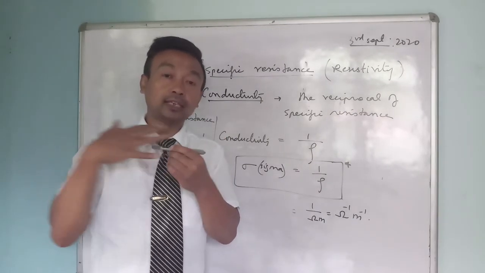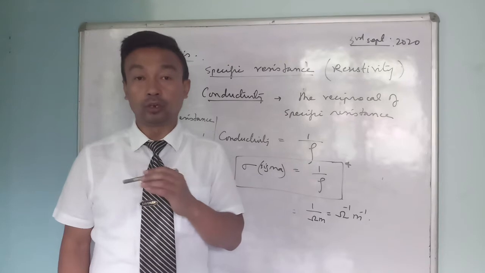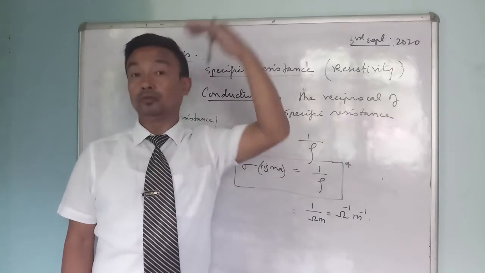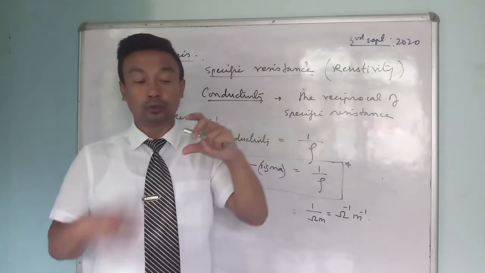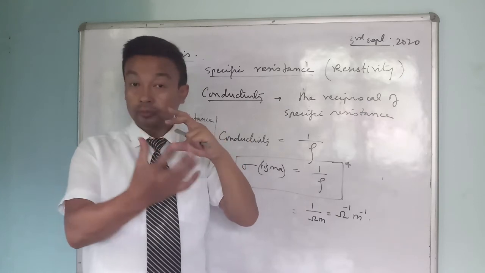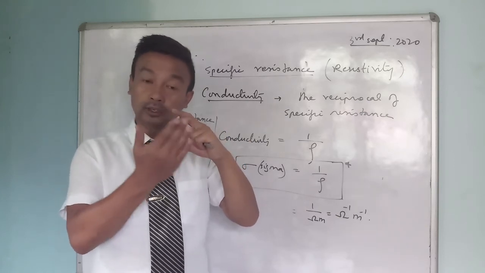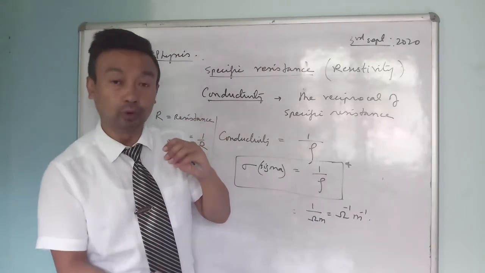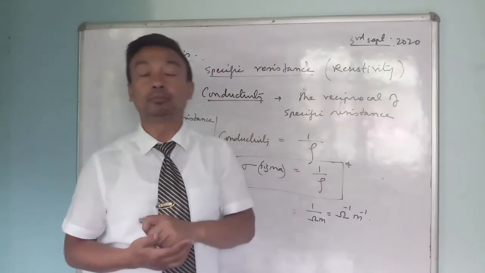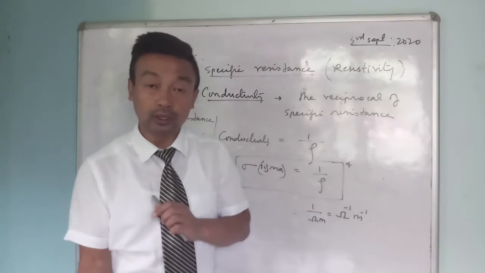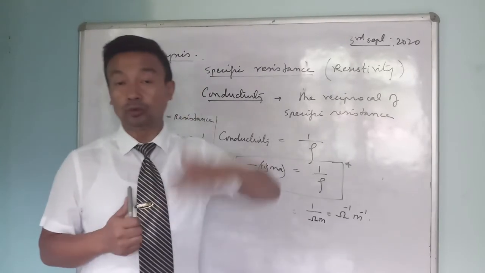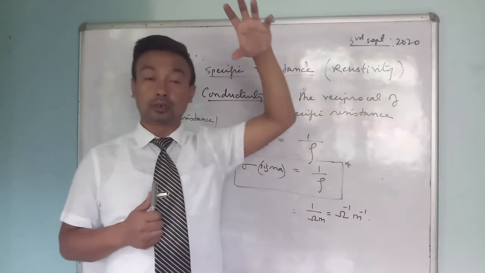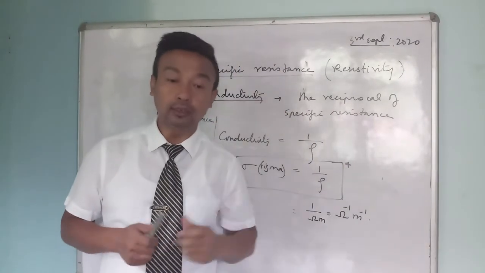Then there will be maximum flow of current, so that is called the superconductor. It is above the conductor. In the conductor also, some resistance will be there, but the resistance will be less. In the semiconductor, resistance will be slightly more. In the bad conductor, the resistance will be very high. But as you go up and up, you come to a superconductor where the resistance is completely zero.